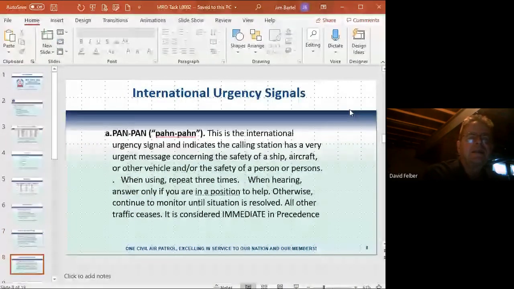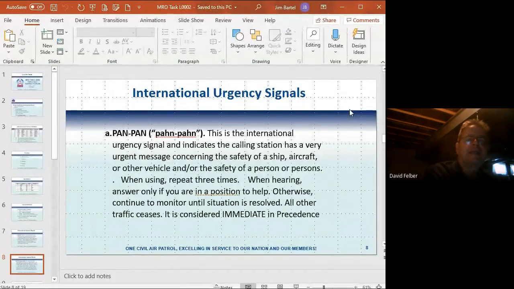Pan. Your international urgency signal indicates the calling station has a very urgent message concerning the safety of a ship, aircraft, vehicle, or the safety of persons. Again, repeat it 3 times. Pan. When hearing, answer only if you're in a position to help.